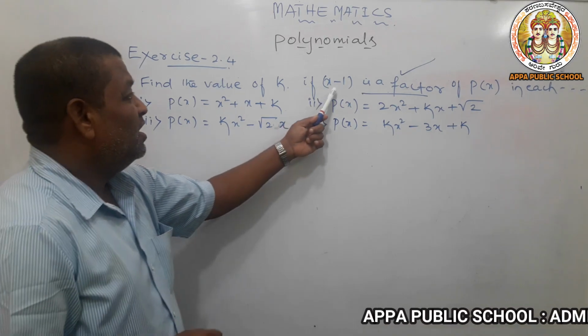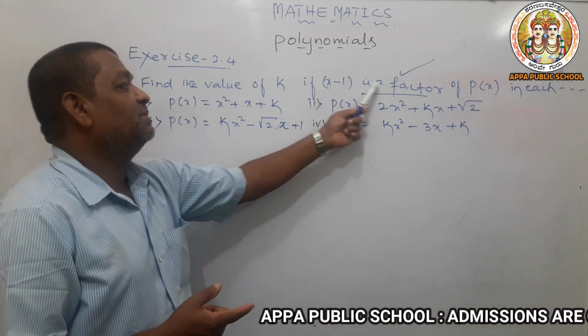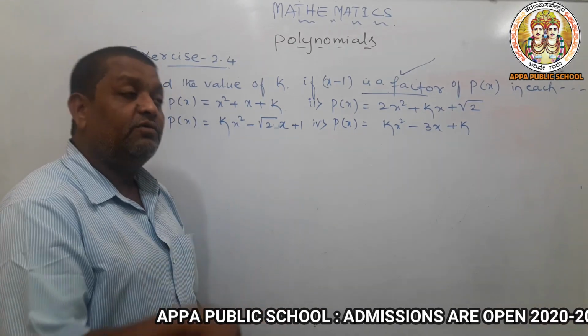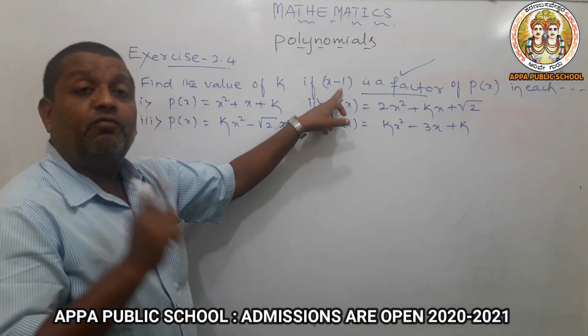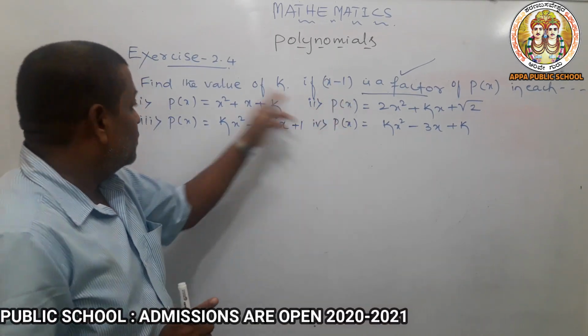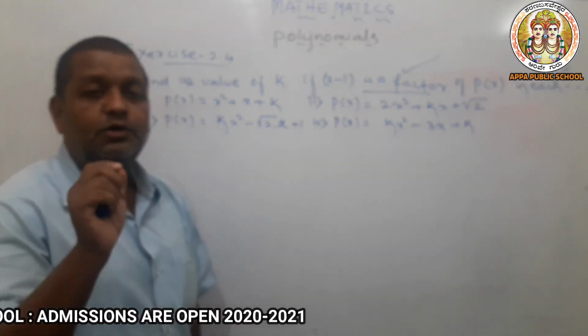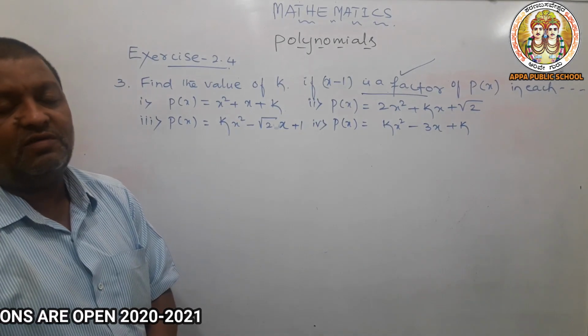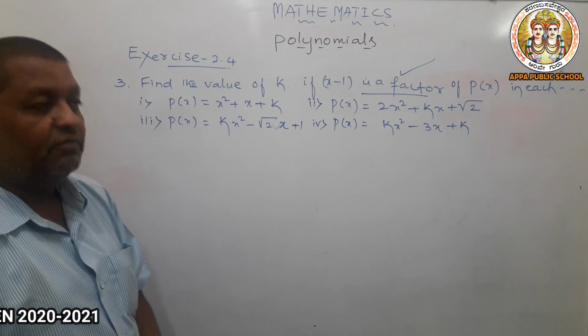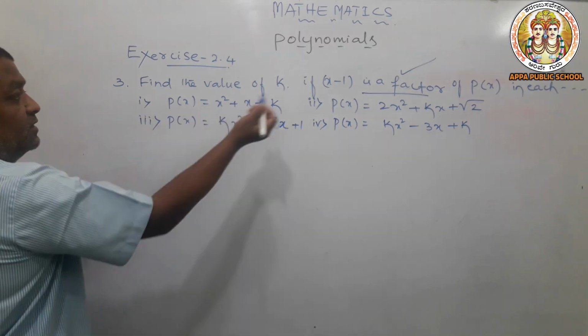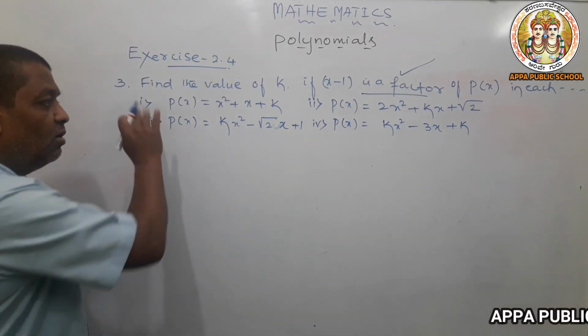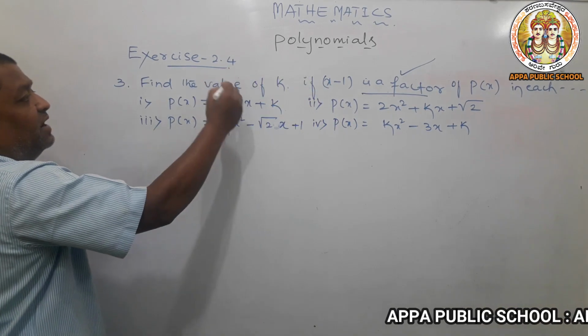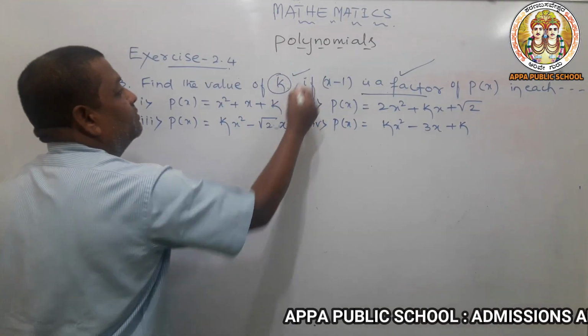Here I told already x minus 1 is a factor, so P of 1 for all polynomials should be 0. This is the help we are taking from the factor theorem. By using that concept, I will solve all the sums and find the value of k.